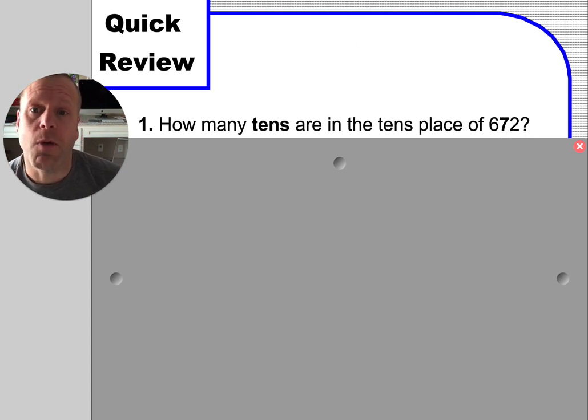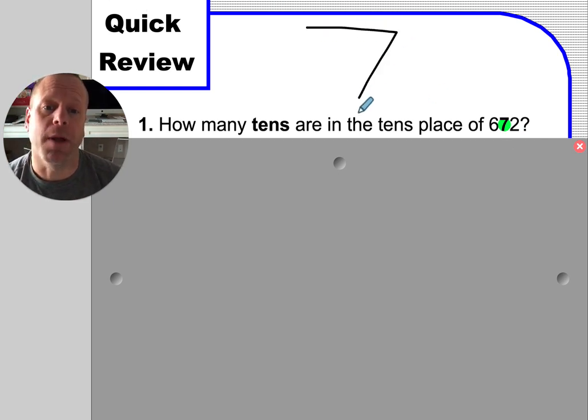The first thing I want you to do here is think just about that tens place. The tens place is the second place in. In this case, it's a little bit darker, and there is a 7 there. So how many tens are there? On your whiteboard, you would be writing a great big 7 tens. Or 7 tens is also known as 70 if I asked how much those tens were worth.